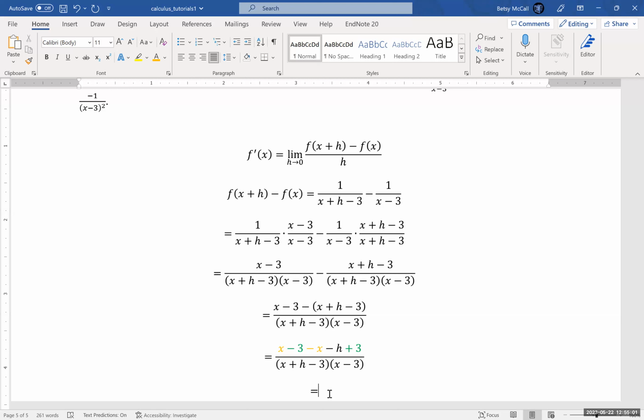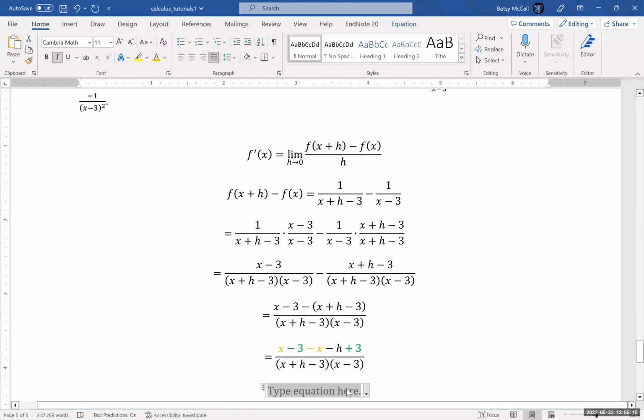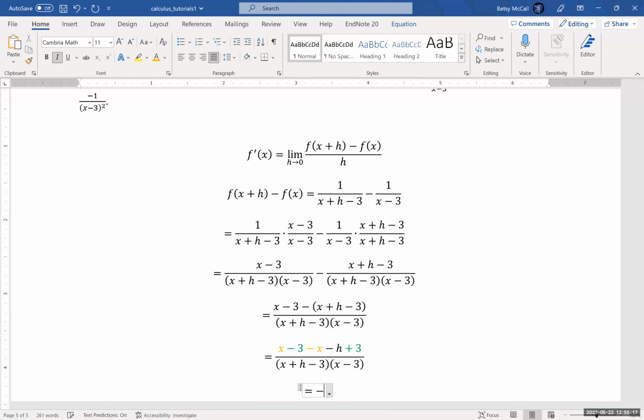Even if we didn't have x minus 3, we had some crazy polynomial expression, everything has to cancel except terms that have h in them. And what we're left with is minus h over x plus h minus 3, x minus 3.